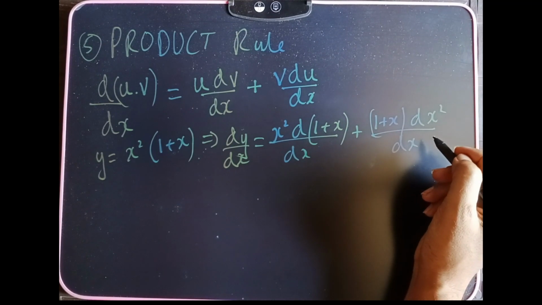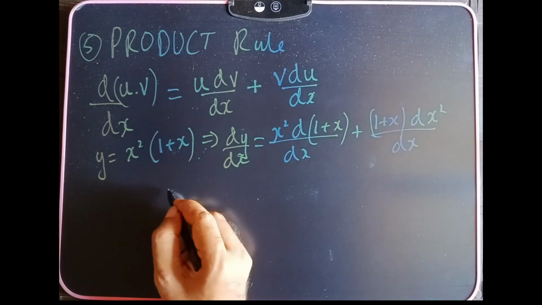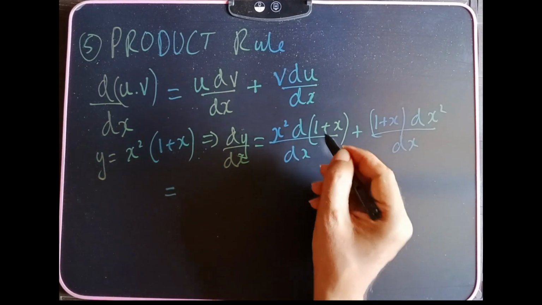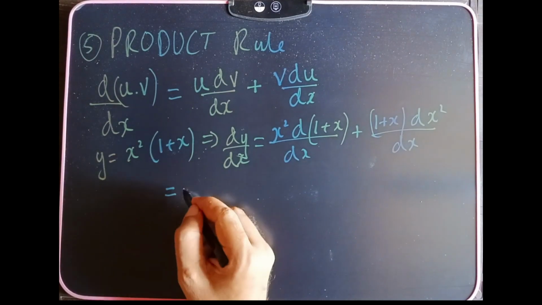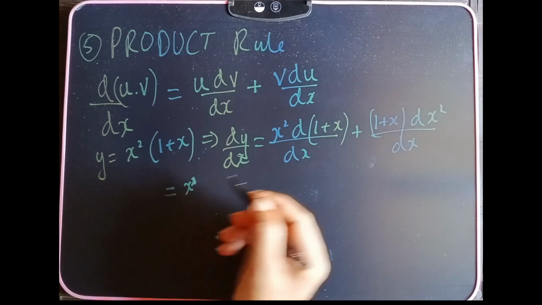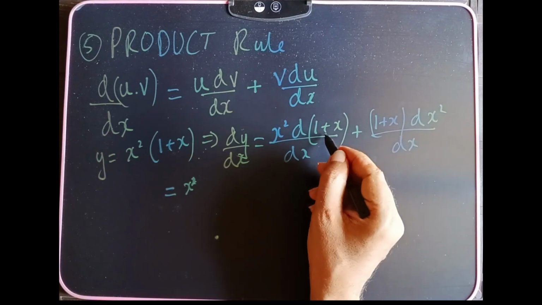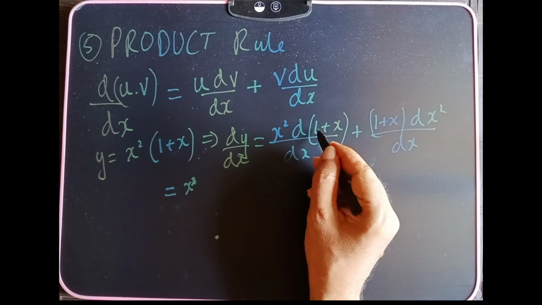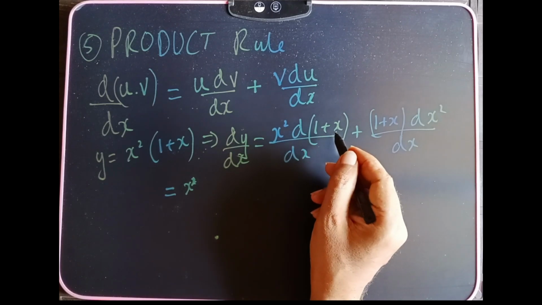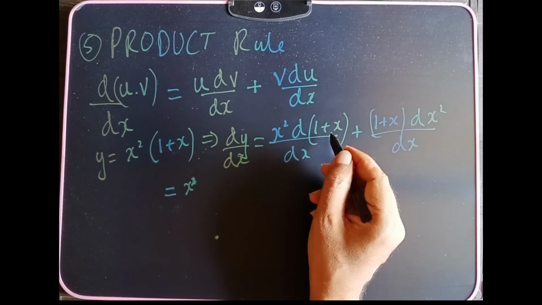This is how you're supposed to write it down. Now here you have to apply the sum rule, the constant rule, and the power rule.